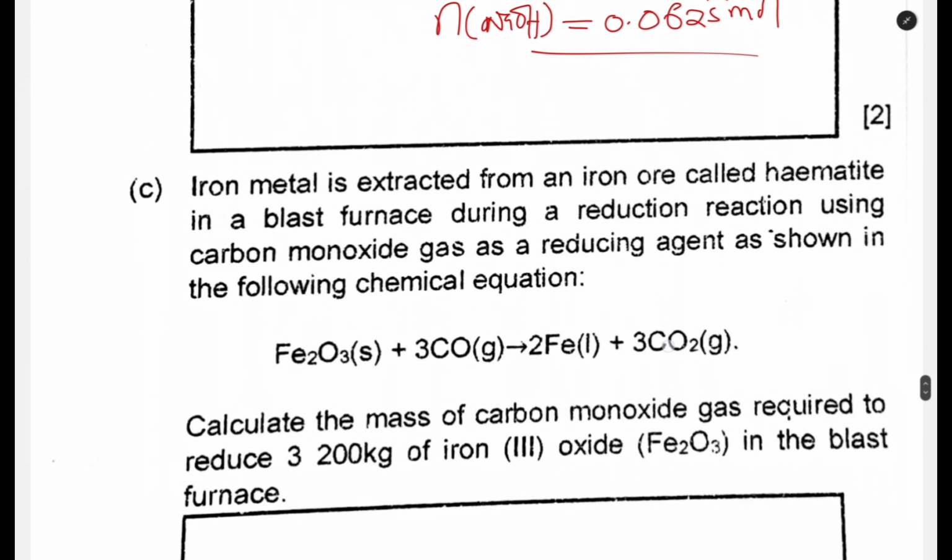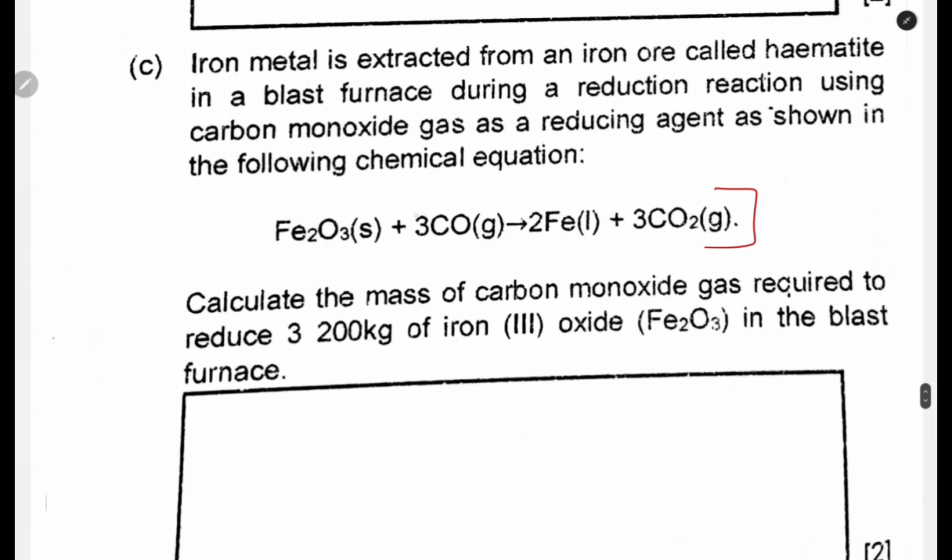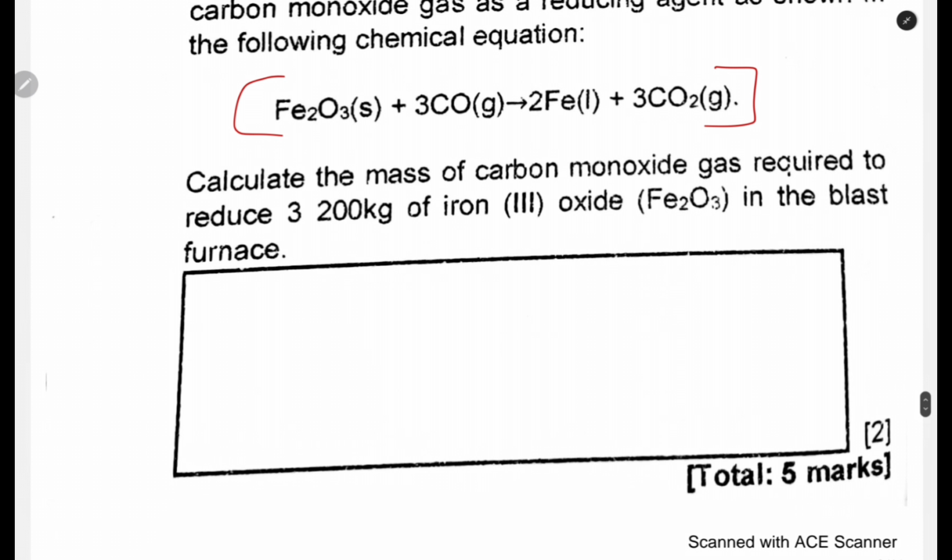Then iron metal is extracted from an iron ore called hematite in a blast furnace during the reduction reaction, using carbon monoxide gas as a reducing agent, as shown with a balanced equation. Calculate the mass of carbon monoxide gas required to reduce 3,200 kg of iron(III) oxide in the blast furnace.